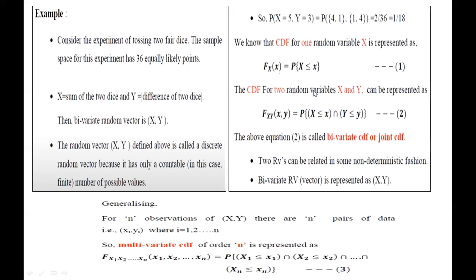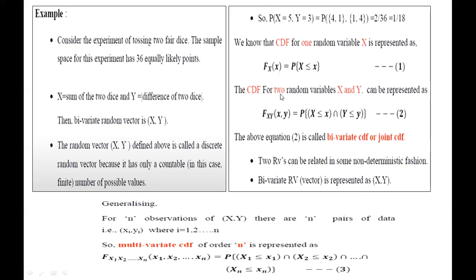The CDF for two random variables X and Y can be represented with the CDF always represented with capital F. Here two random variables X and Y are considered. Therefore we write XY as subscripts with capital letters and within the bracket small letters x comma y, which is equal to the probability of random variable X less than or equal to small x, intersection with the probability of random variable Y less than or equal to small y.